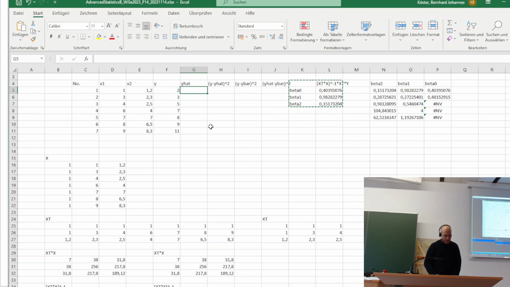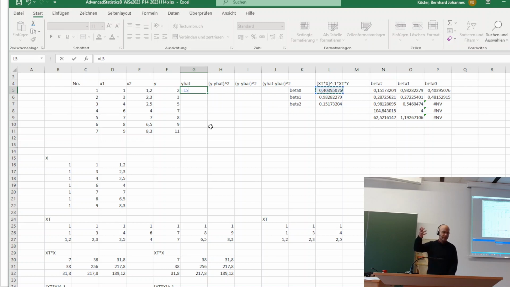So the value which corresponds to the x1 and x2 values 1 and 1.2 is beta 0. This we have to fix because afterwards we want to copy down this formula. So F4, then you see here that in front of L and 5 you have this dollar sign.